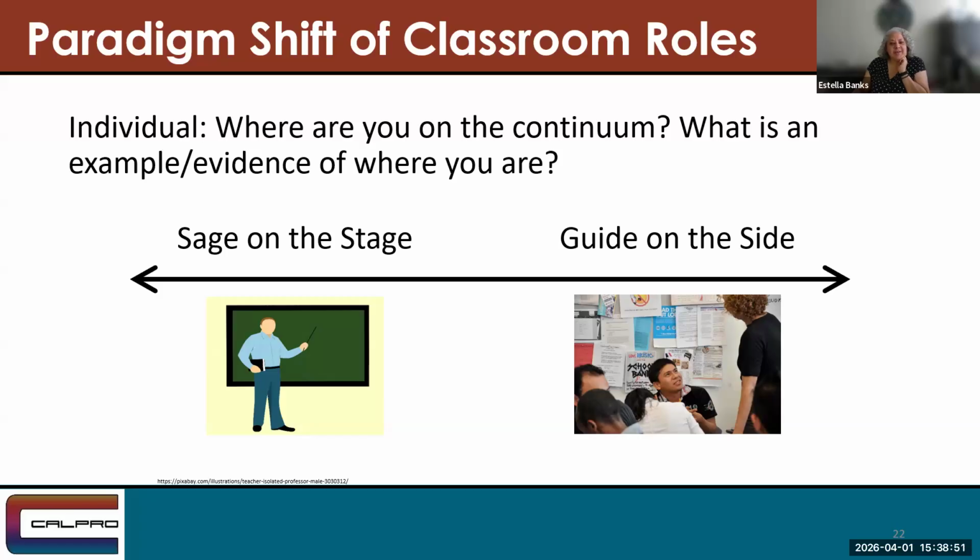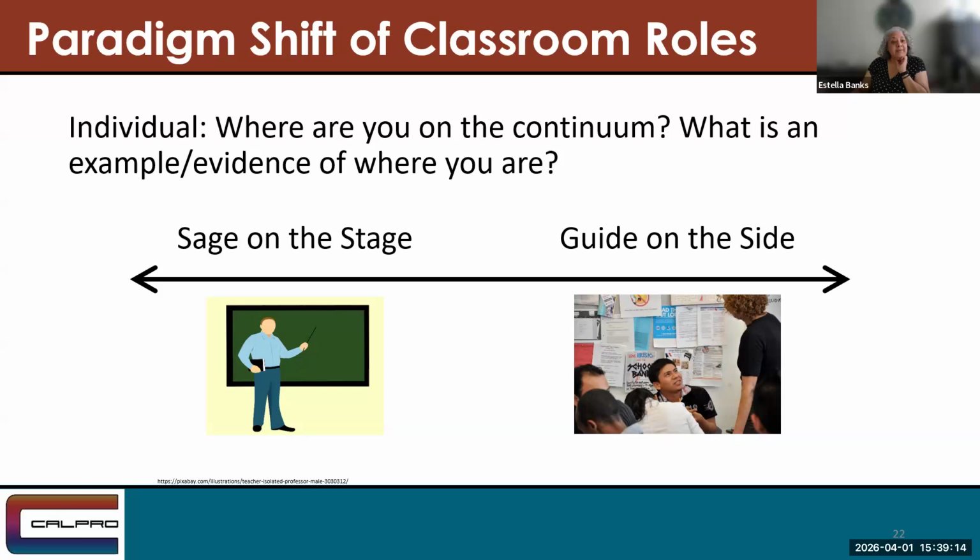You feel brave to share? Okay, so Jennifer says, I've always wanted to be more of a guide on the side, but it takes more time, which I don't have. I also don't necessarily have the instructional materials to support this. Okay, fair.